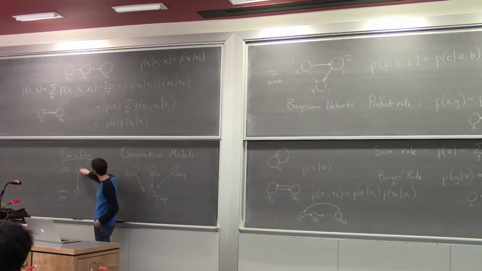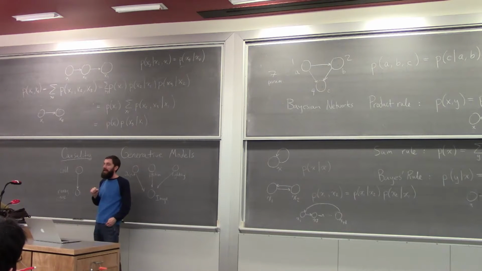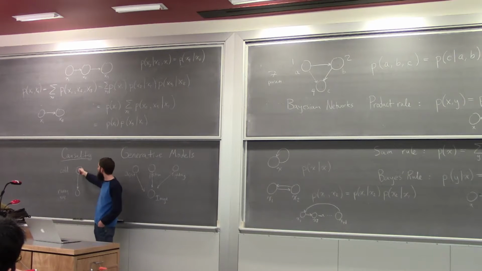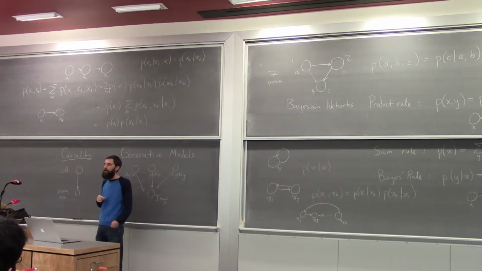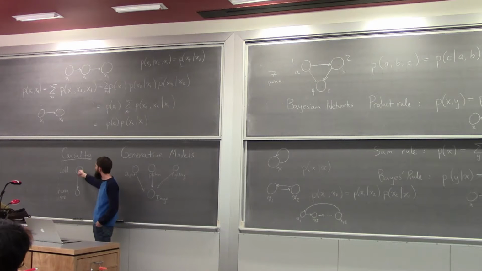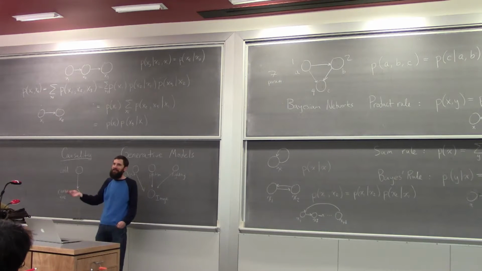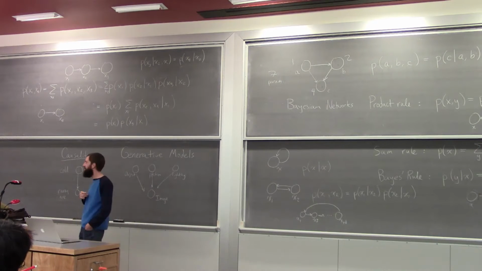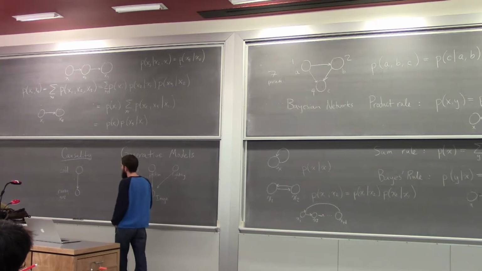So the arrow here represents causality. You want arrows that go in the direction of causality, so the thing that's the cause is the parent. I have some chance to get a cold, and then given that cold, I have a pretty high chance usually of having a runny nose along with it.